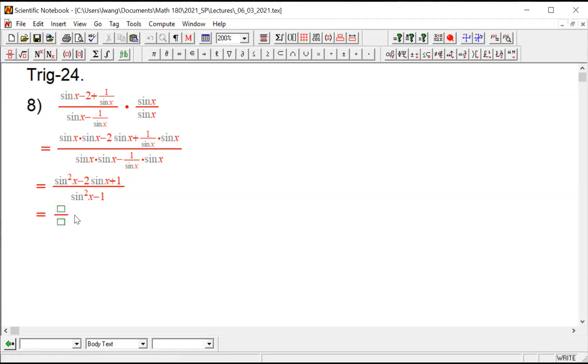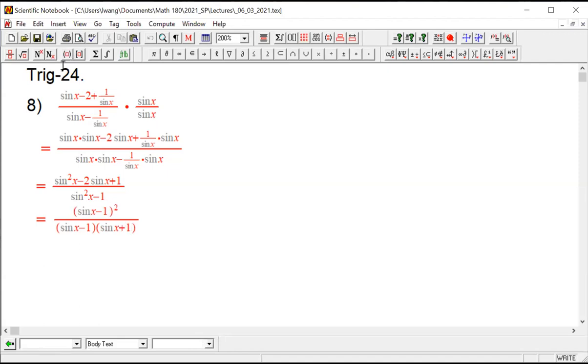The top is a perfect square. And the bottom, knowing what you have on the top, is sine x minus 1 times sine x plus 1.